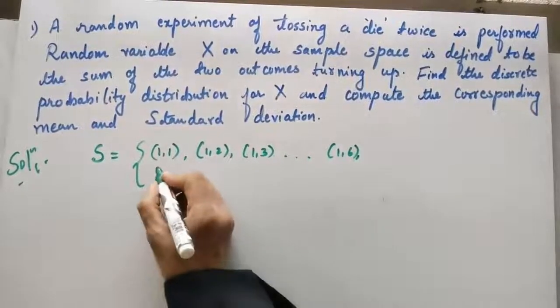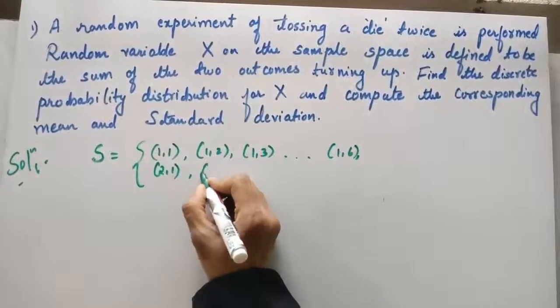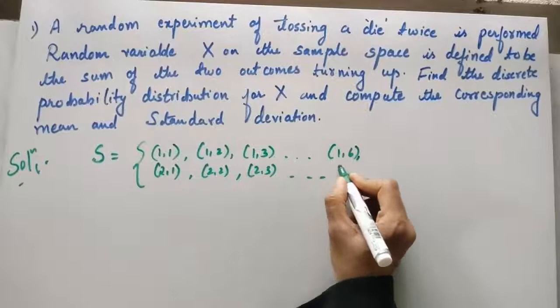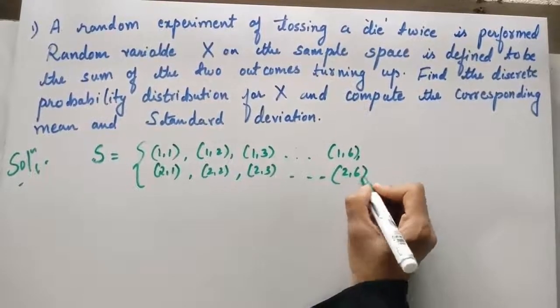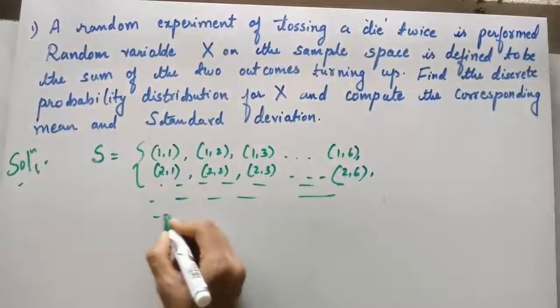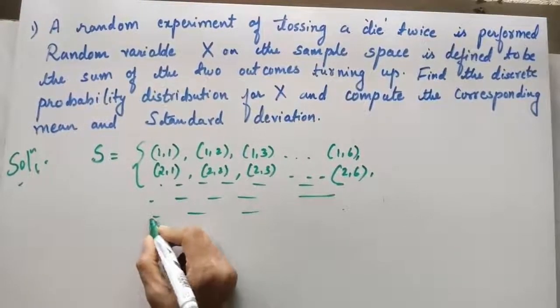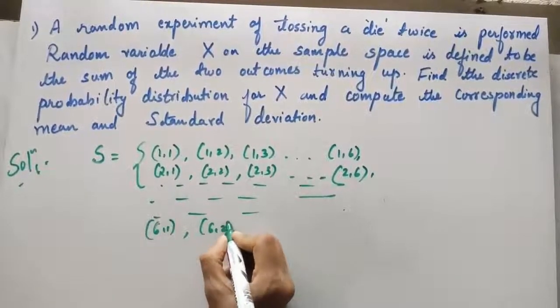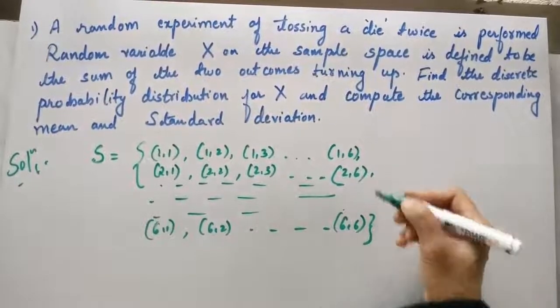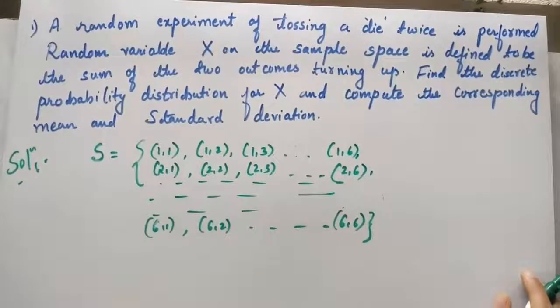Similarly, it can be (2,1), (2,2), (2,3), so on to (2,6). It will continue with each of the numbers until you end up with (6,1), (6,2), so on up to (6,6). So these are totally 36 possibilities in your sample space associated with this random experiment.